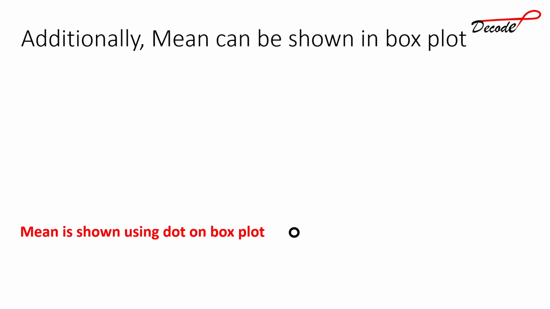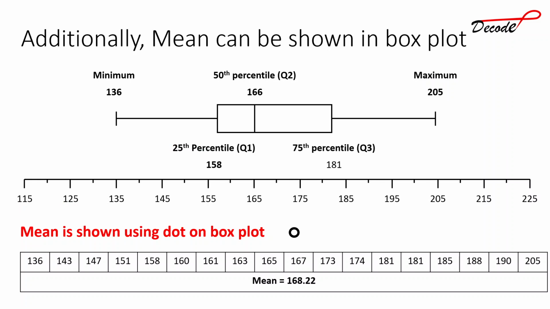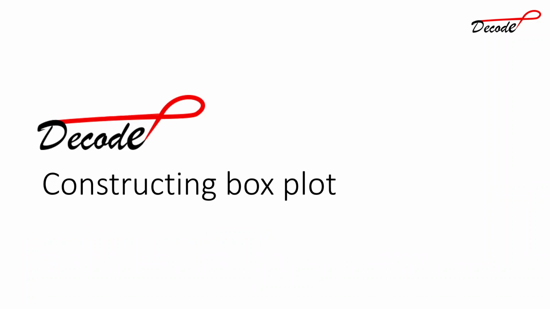The mean can be marked with the help of a dot. The mean of this set of numbers for which we have constructed the box plot is 168.22. So this is the box plot we had constructed, and this is the mean at the point 168.22. With the help of all this description, we have obtained the box plot with the help of the 5 number summary, and we are able to depict the mean also.